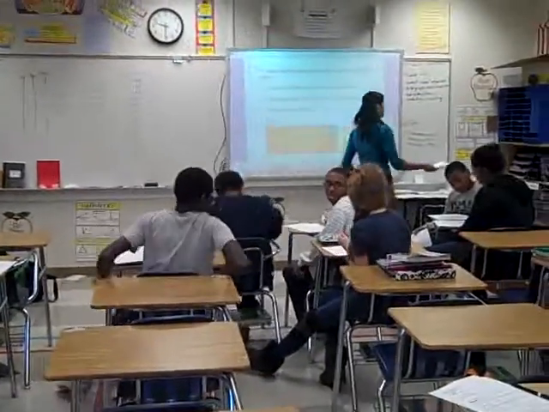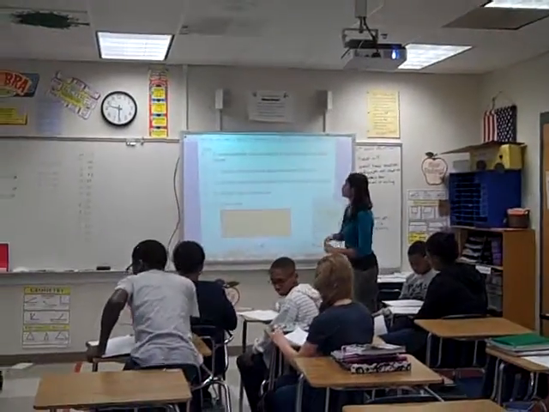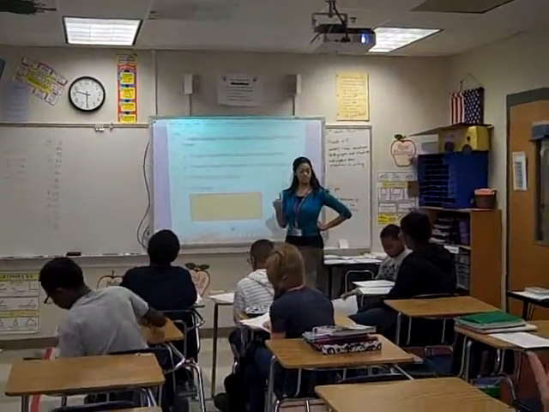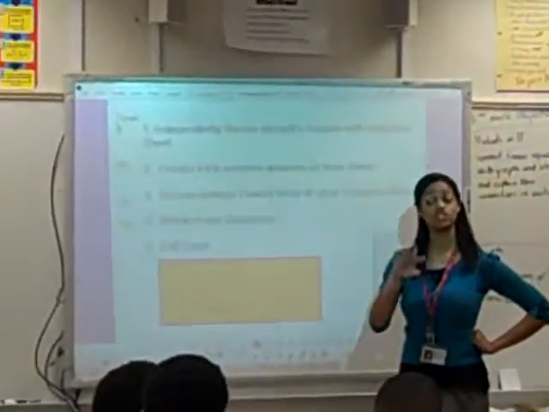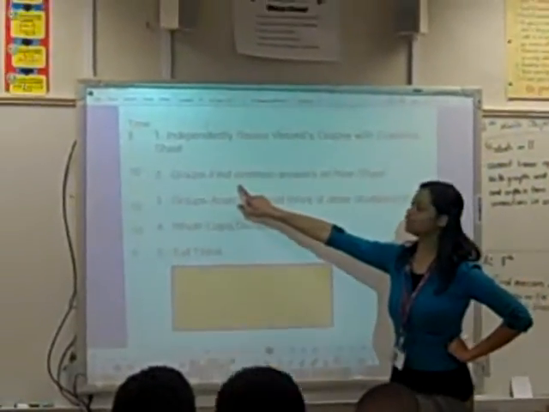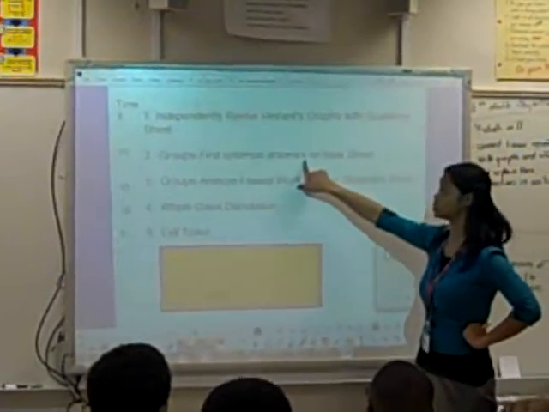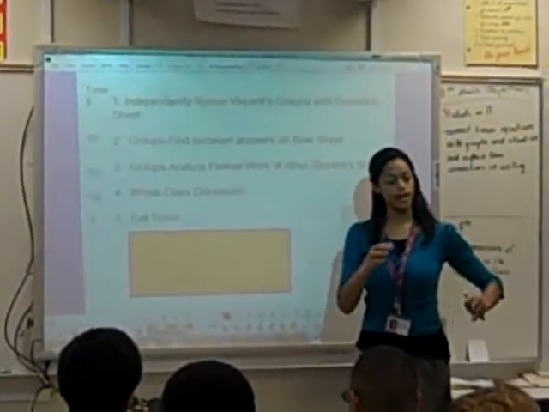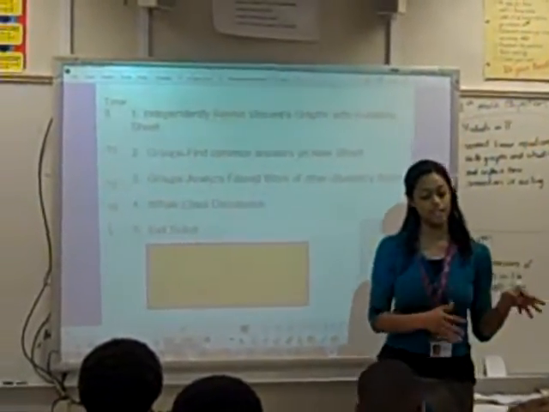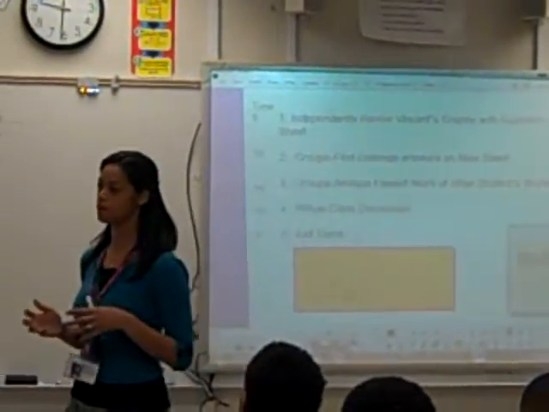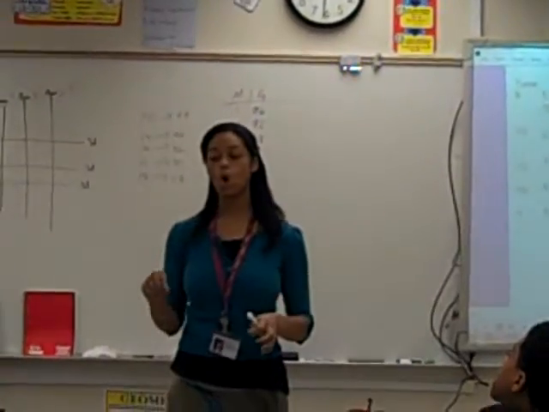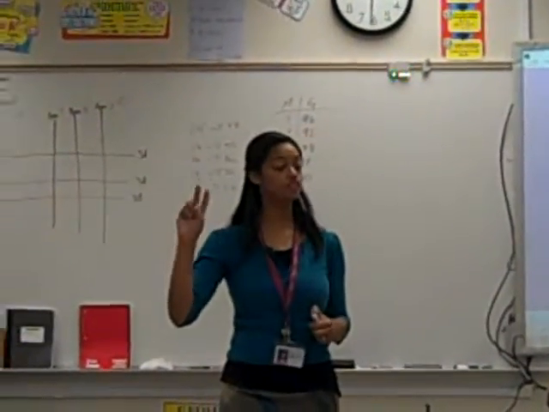Alright, at this time in your group, still using the green pen, I gave each group a new clean sheet of paper. I want you to find some common answers on your new sheet. Looking at the sheets that you have together, find some common answers that you came up with and put them on the new sheet. On that new sheet, please put both of your names.